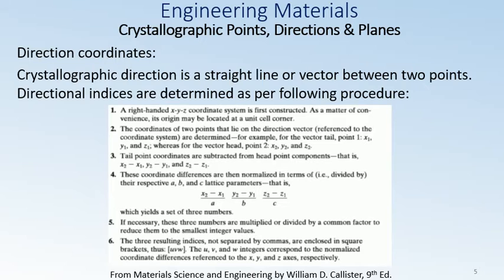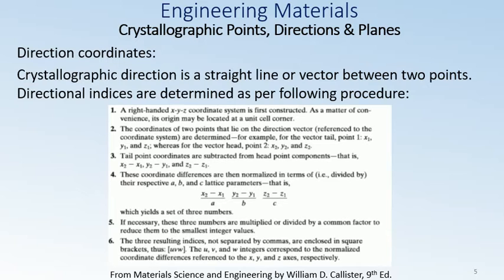Of course, at that end point you will draw the coordinates for that direction vector, just like we have been drawing these coordinates, the indices for point locations. The procedure to draw a crystallographic direction is simply reproduced here from our textbook, and it details how you will need to draw position coordinates for a certain position that you have fixed in the crystal structure.